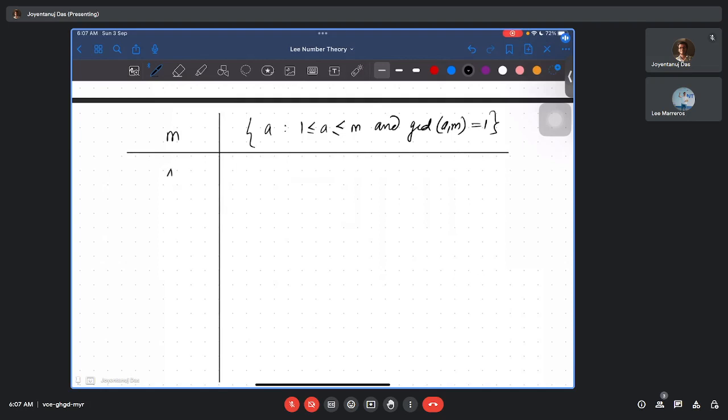Suppose m is 1, then this set is only 1. Suppose we have 2, then this set will be, again, only 1.